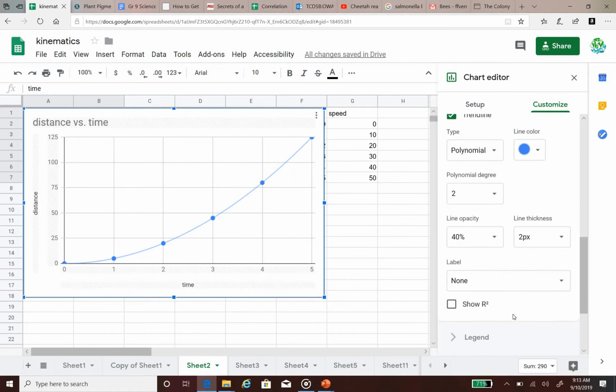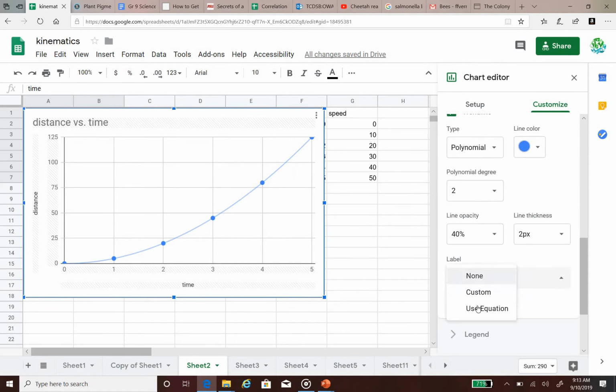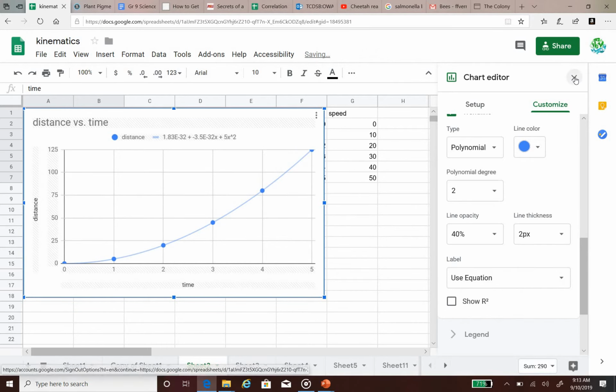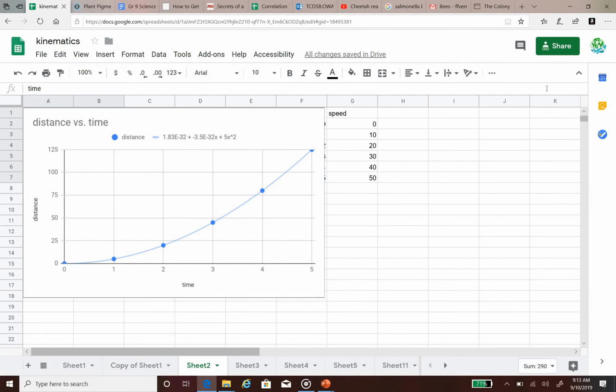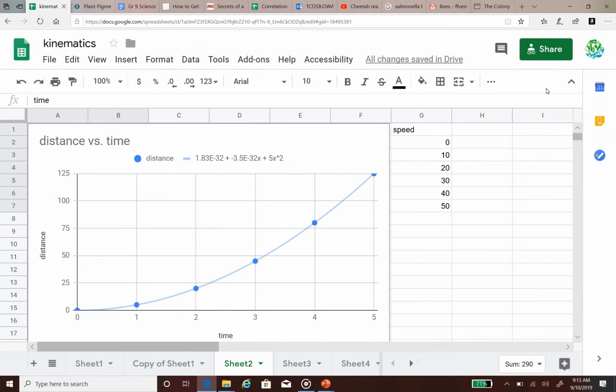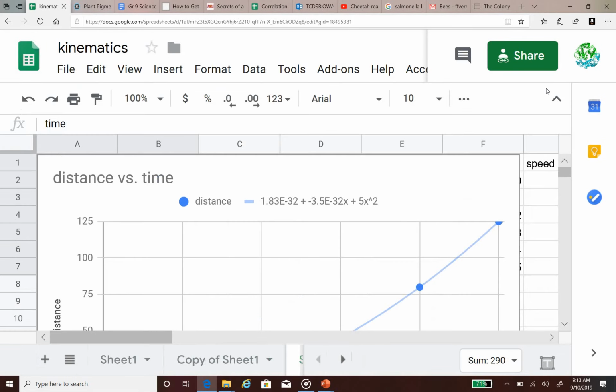And if I ask for the equation, this is what you get. But let's actually take a look at this. Well, what is this? Okay. You see this? This right over here?